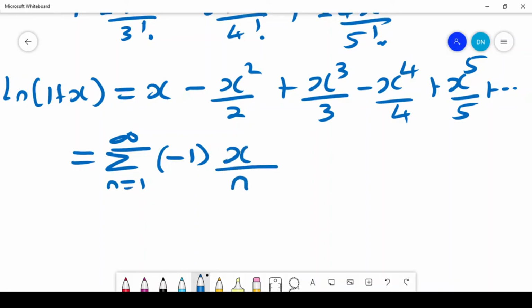When n is 1, the sign must be positive, so the power is n plus 1, which becomes 2, and negative 1 to an even number is positive. When n is 2, n plus 1 is odd, and then it becomes negative.